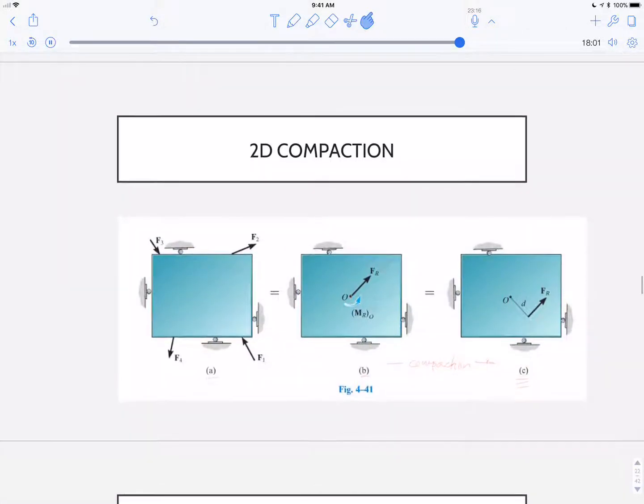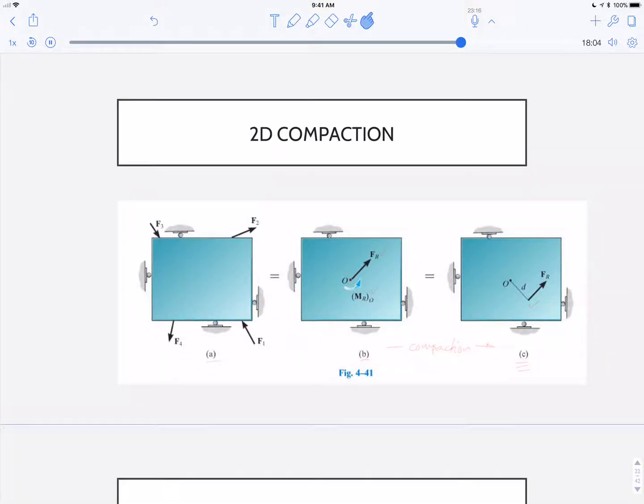Here's the strategy for 2D compaction. You have all these forces in A. You add up all the forces at a point, and you get the resultant force here. And then you take all the moments about O, and you get this resultant moment.